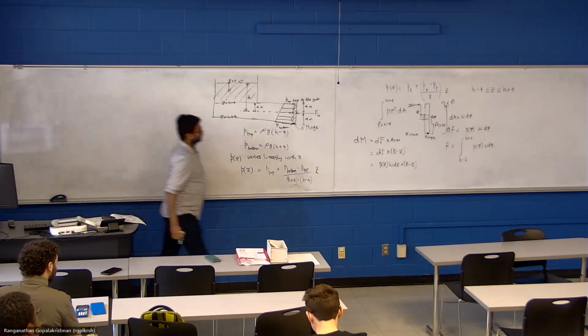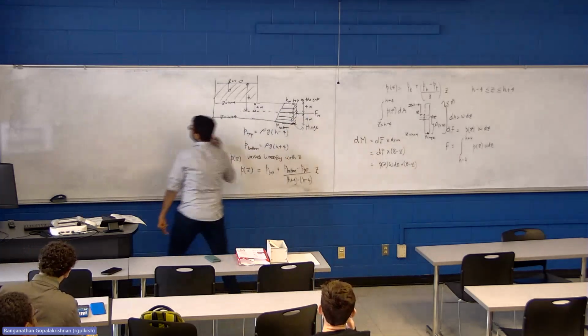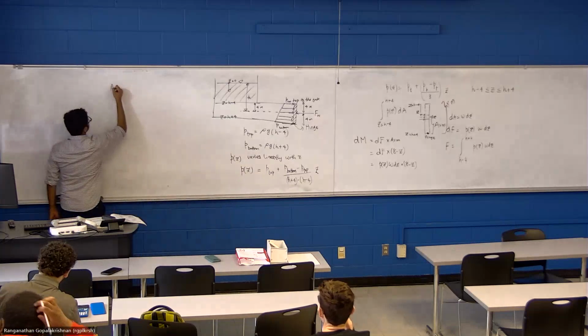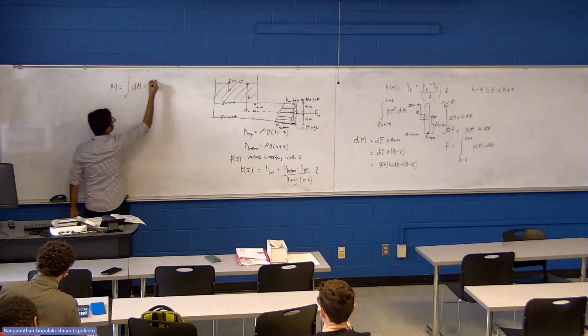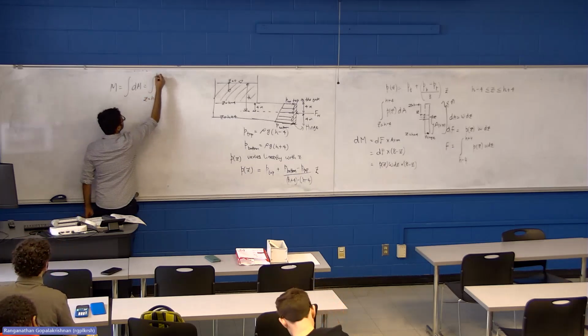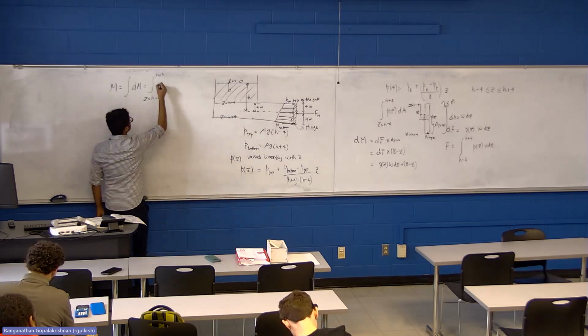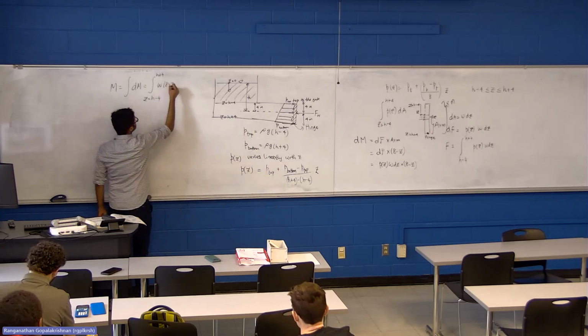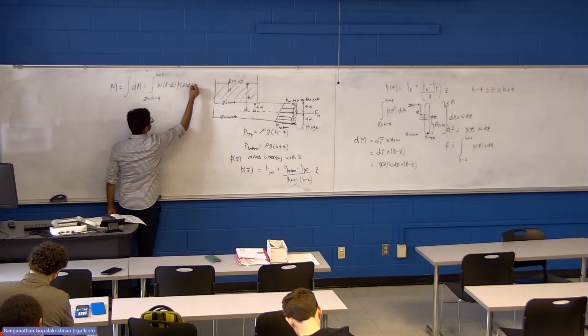Yeah. Alright, so now if I want the moment, I would have to integrate dM. That is like writing the integral from z equals h minus 4 to h plus 4 of W times 8 minus z times P of z dz.